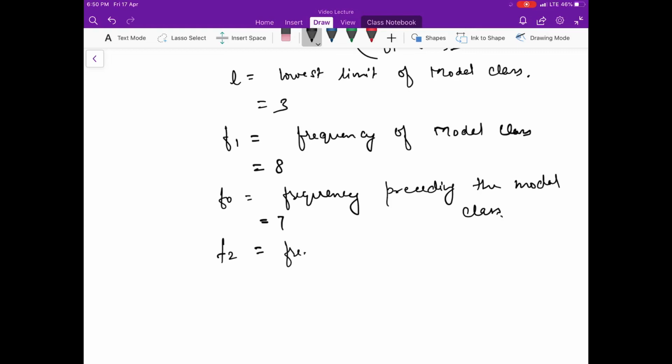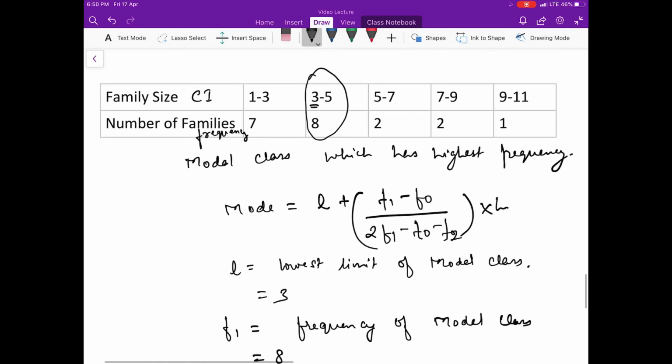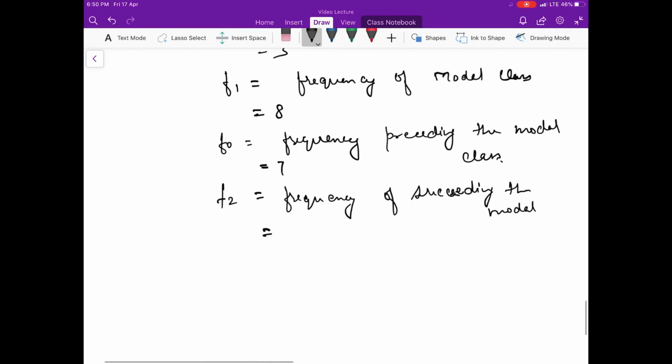F2 is the frequency succeeding the modal class, the class interval just after the modal class, that is 2.